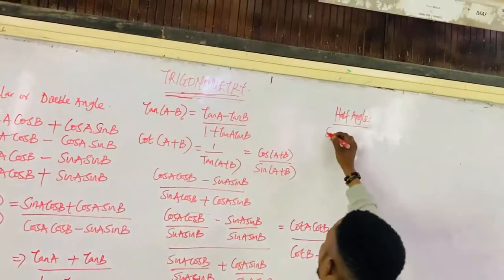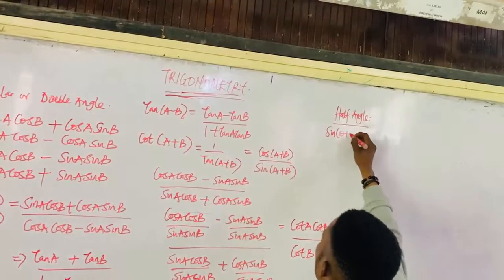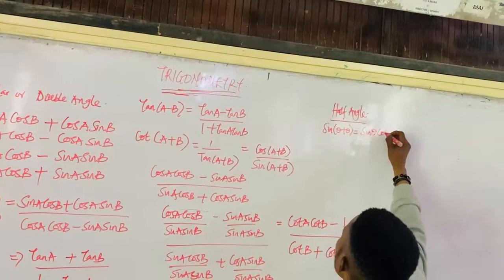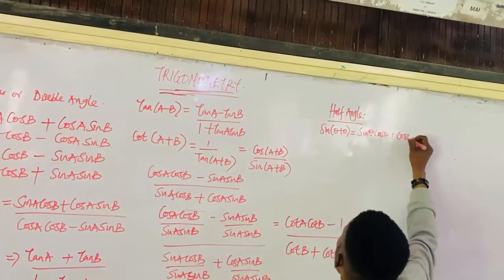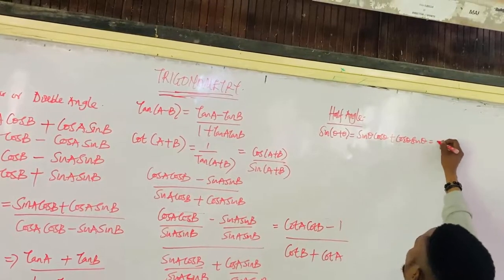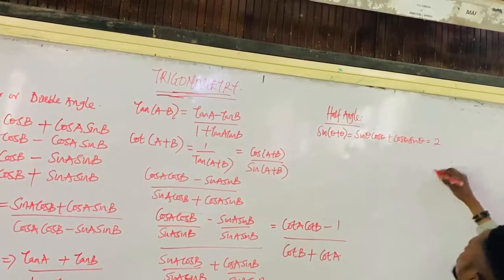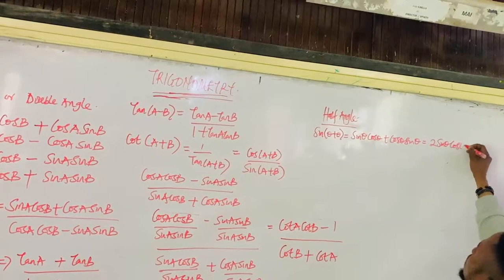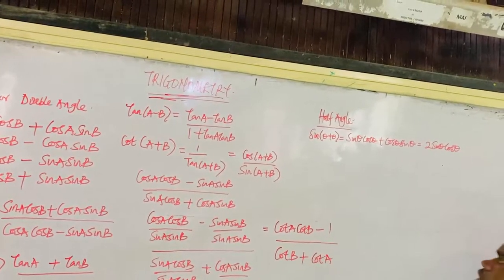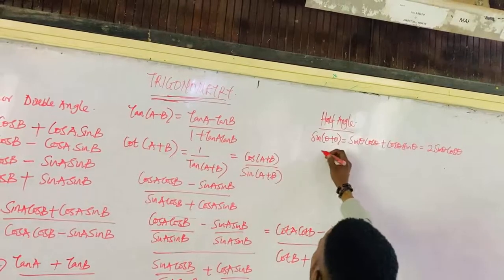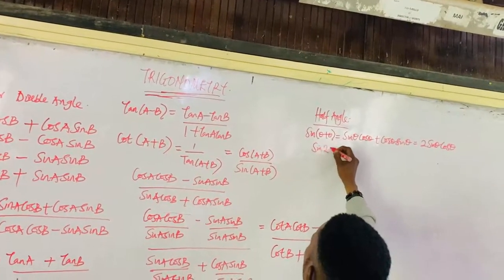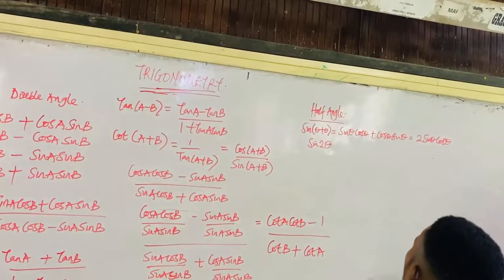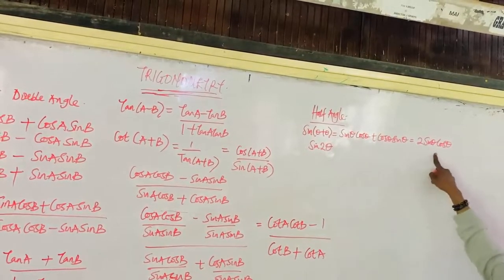So sine theta plus theta is sine theta cos theta plus cos theta sine theta, which is 2 sine theta cos theta. So sine theta plus theta is sine 2 theta.